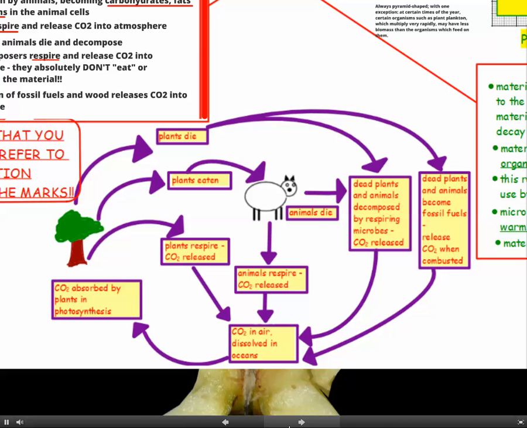If they die, they're gobbled up by the microbes, by the decomposers, and they respire and CO2 is released. When anything dies, it's decomposed, the microbes respire and CO2 is released. Or the dead plants and animals become fossil fuels, and then they're combusted. When we eventually burn them, they release CO2. Don't forget, there's a lot of CO2 dissolved in the oceans.